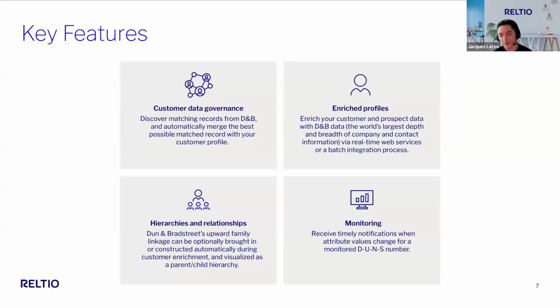We're also excited about another feature which allows you to match and enrich multiple profiles in Reltio against the same DNB organization. So if two profiles in Reltio are matched to a single DNB profile that have the same DUNS number, you'll actually be allowed to enrich both of those profiles.